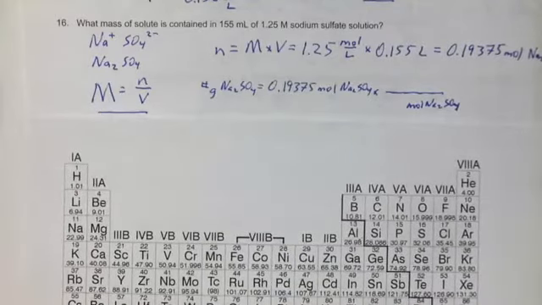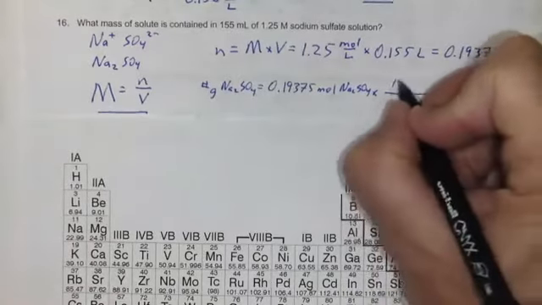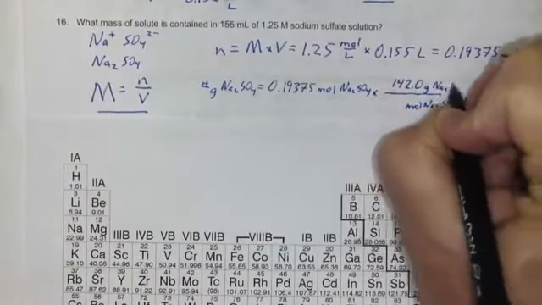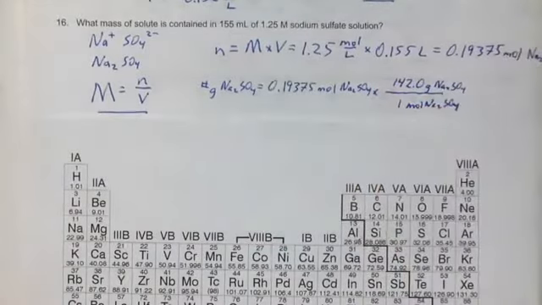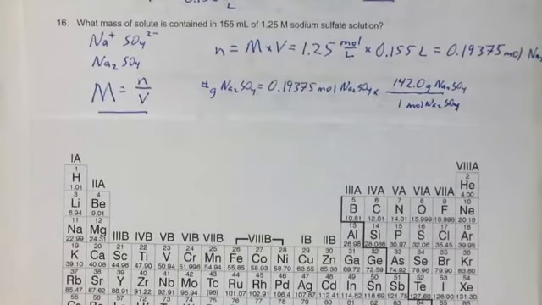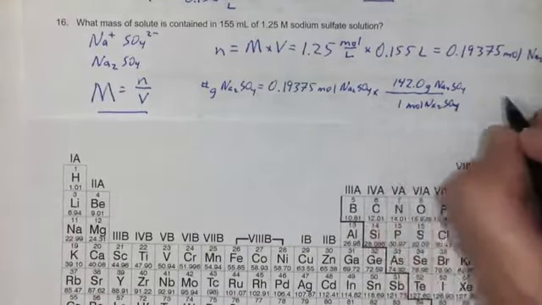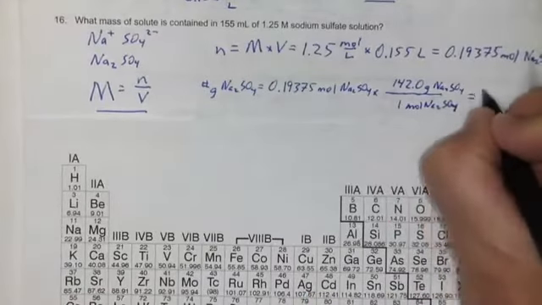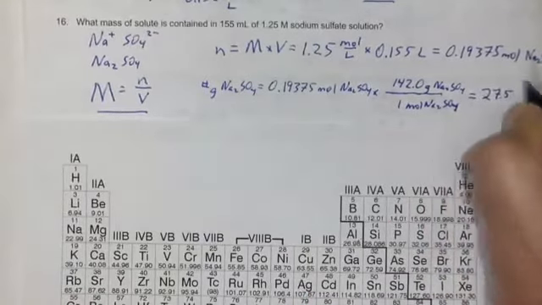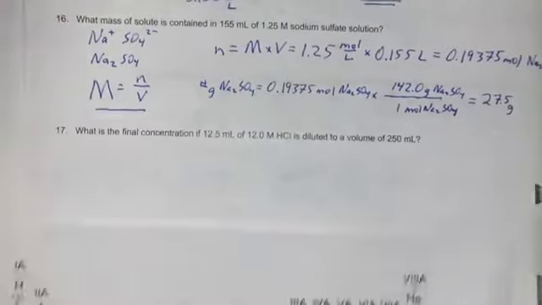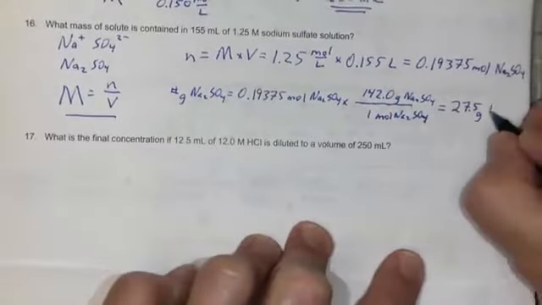And when you do that, you'll get the molar mass of sodium sulfate is 142.0 grams of sodium sulfate per 1 mole of sodium sulfate. That's grams per mole. And so this calculates out to be 27.5 grams of sodium sulfate.